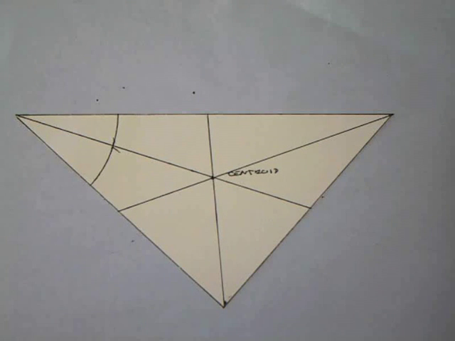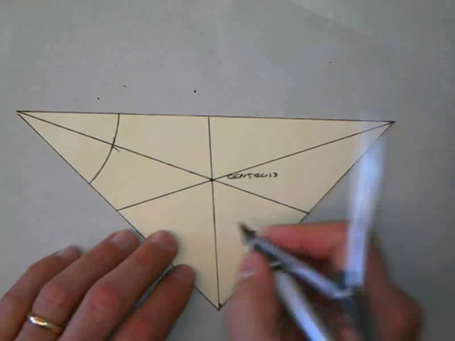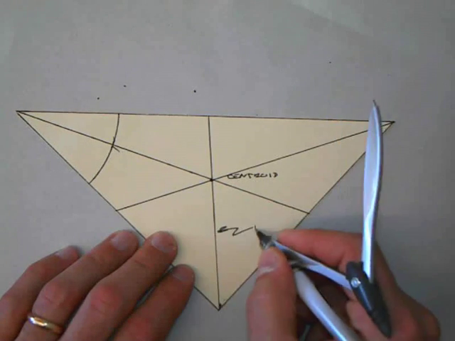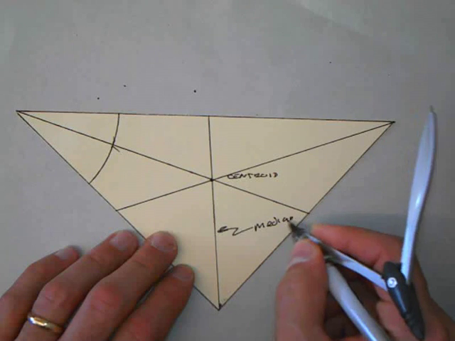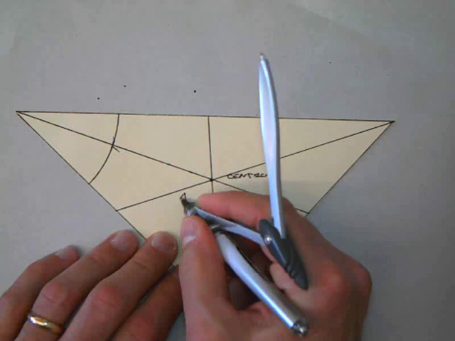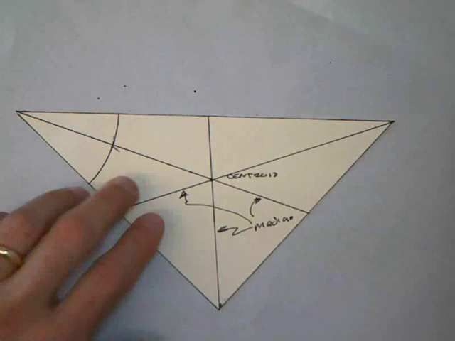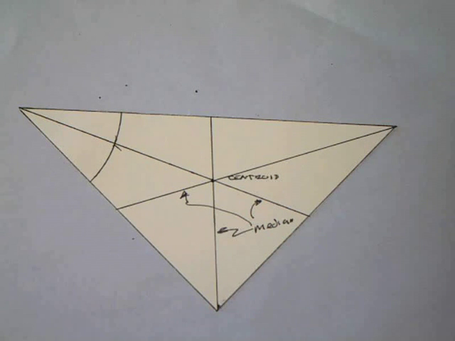So these are all medians. Now if we look at our conjecture page, maybe there's something about this.